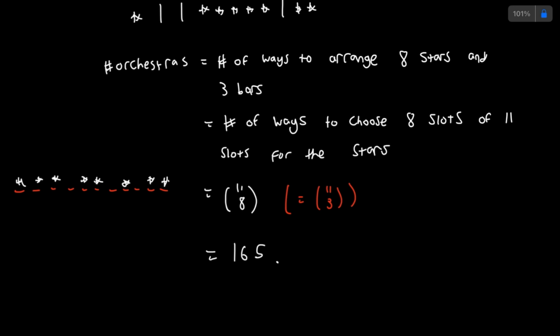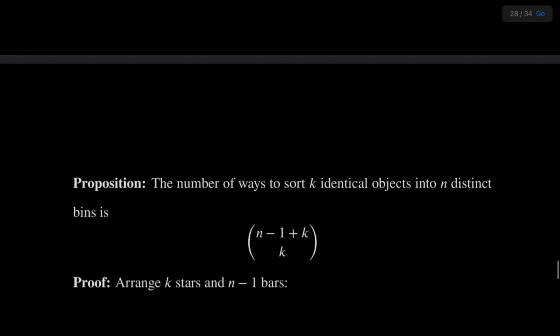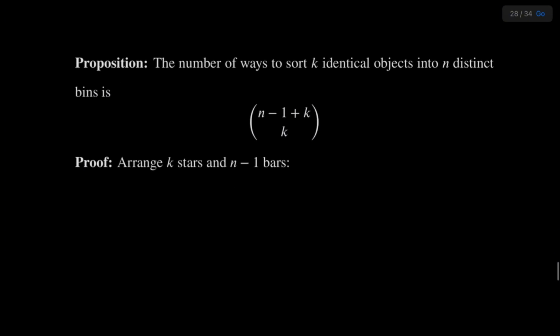So we can generalize this technique, and this is what's called bars and stars, right? And it's this: the number of ways to sort k identical objects. So in our last example, these identical objects were students, into n distinct bins. So here the bins were sections of the orchestra, right? And it's n minus 1 plus k choose k.